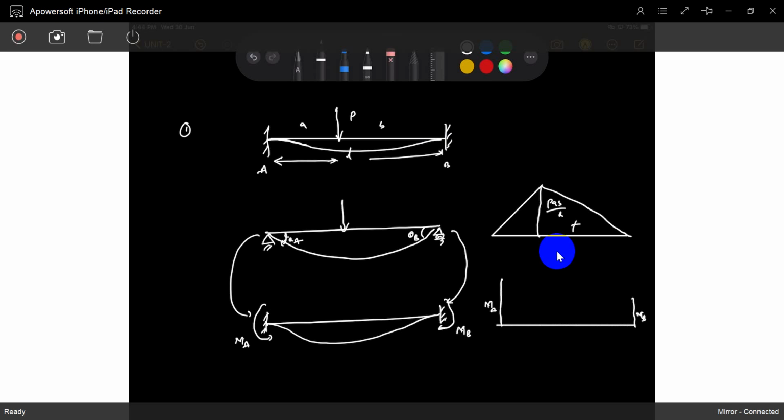If the load is near to one support, that support will get more moment because the force is more. Deflection will be more, theta A is more, so to nullify that deflection, more moment is required. It's all simple.